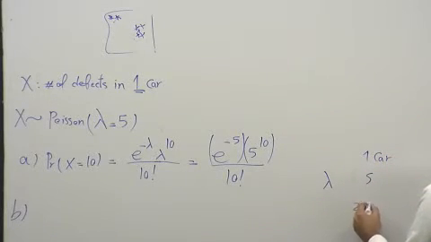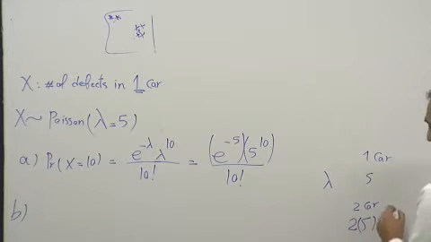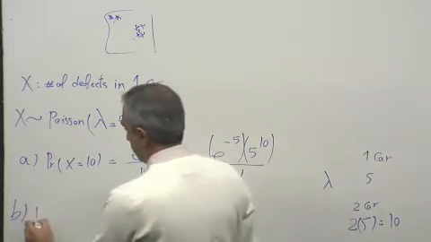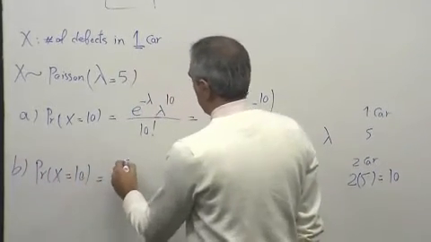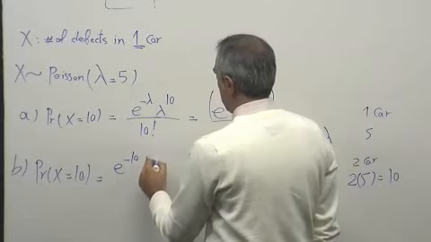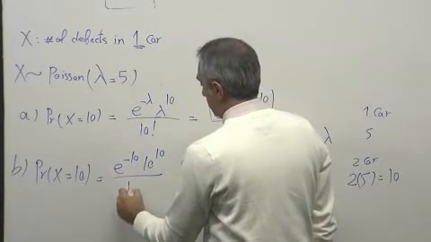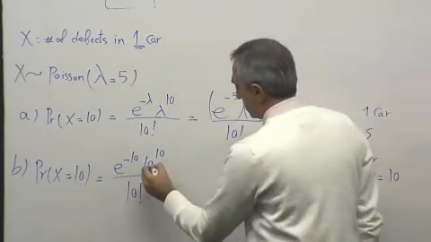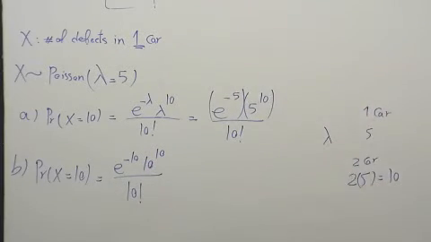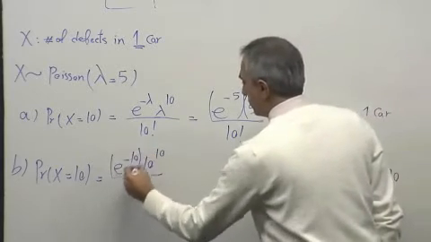So for 2 cars it would be 10. So the probability of X equal to 10 should be based on the new unit. So your lambda is 10. Therefore, that would be the final answer.